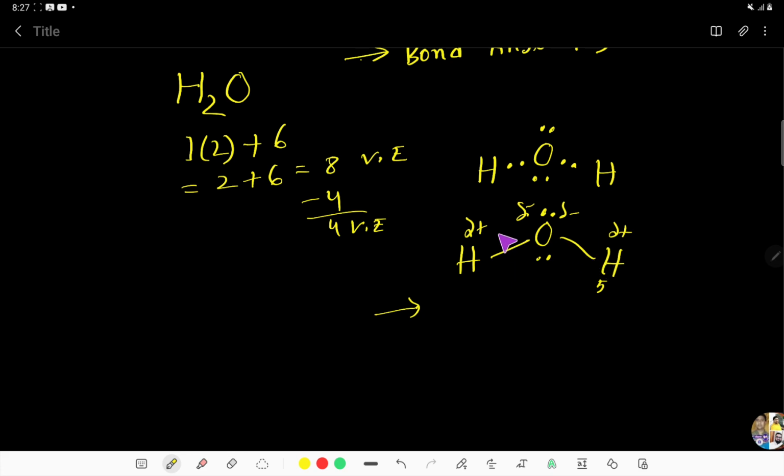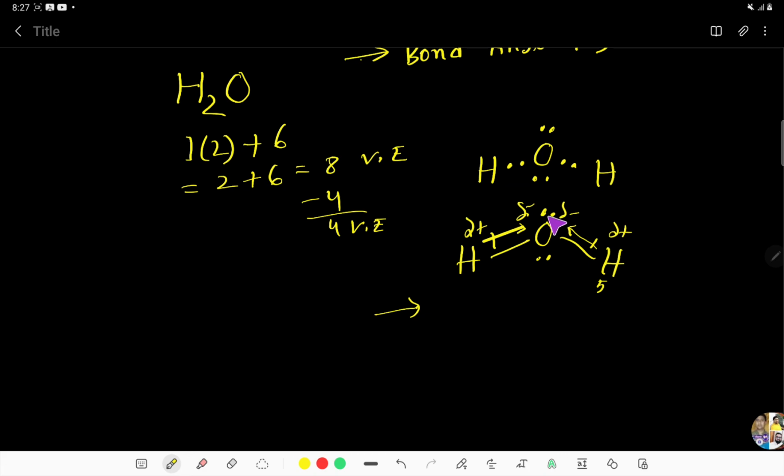So this bond will have a dipole moment and the direction will be from hydrogen to oxygen. Since this bond is polar, this bond also will have a dipole moment, right?